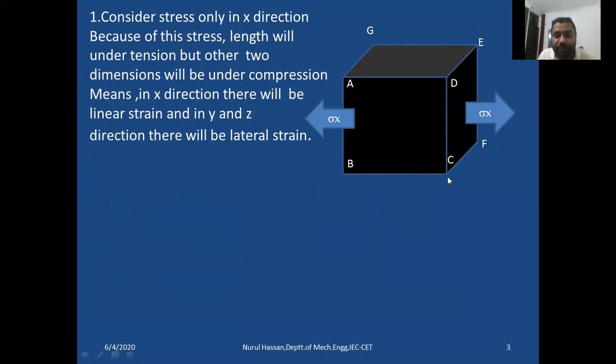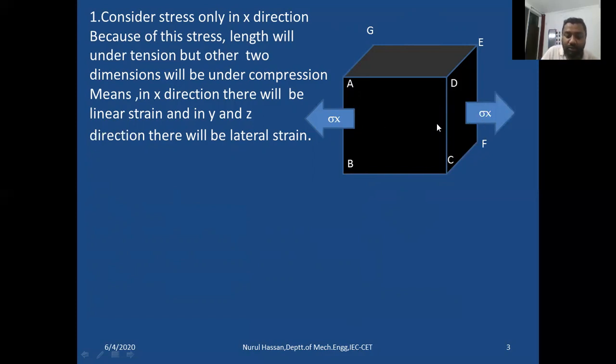And the other two dimensions, the height CD and the width CF, will be under compression, and because of this, CD and CF will decrease. So we can say BC will be under linear strain, but CD and CF will be under lateral strain. Means BC length will increase, but CD and CF will decrease because of this sigma x stress applied on the body.